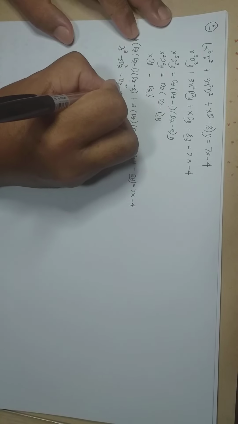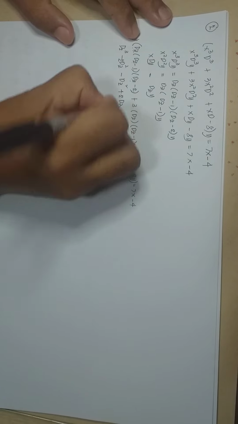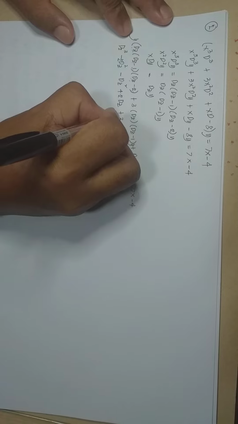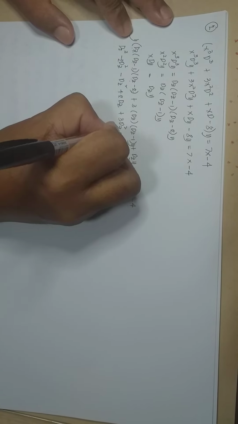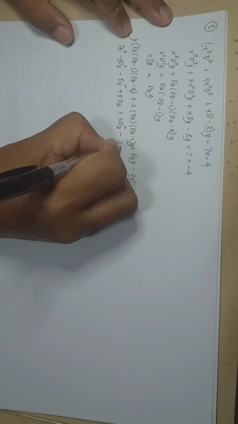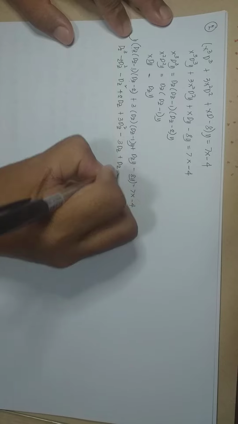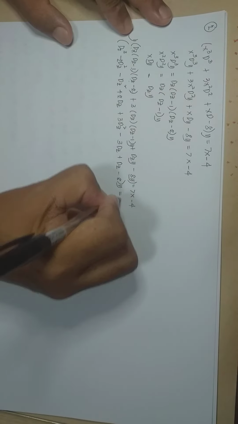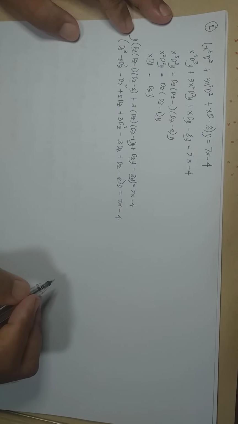We have 2 plus 2 Dz plus 3 Dz squared minus 3 Dz plus Dz minus 8 y is equal to 7x minus 4.